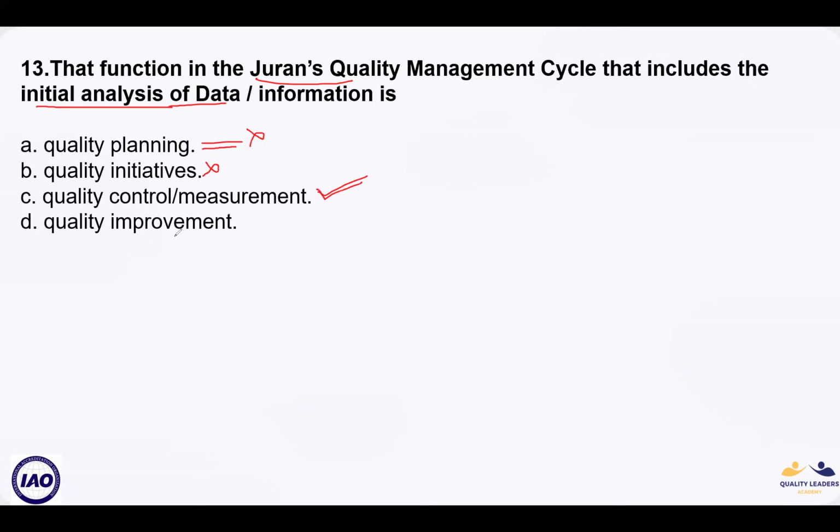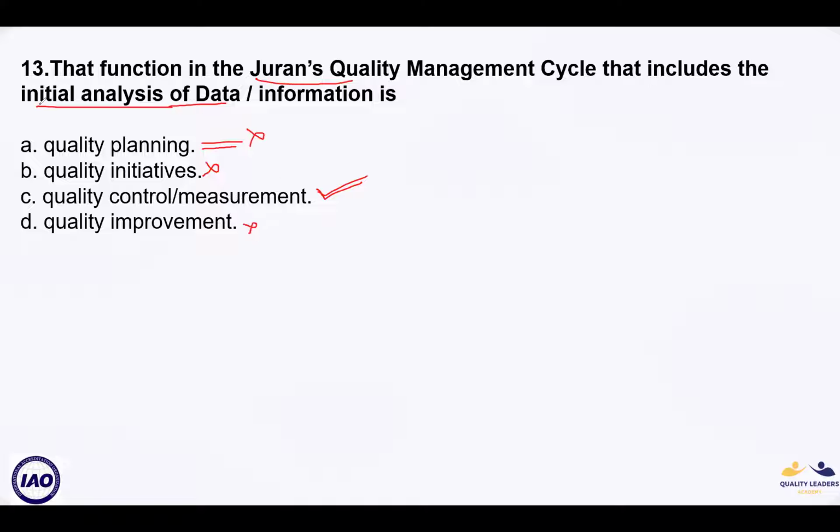And option D, quality improvement. Right. See, here quality improvement is used to find and fix chronic problems. This comes after initial data analysis, not during it. Okay. So this is also not the right answer.